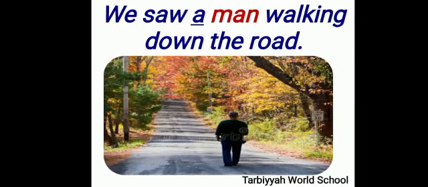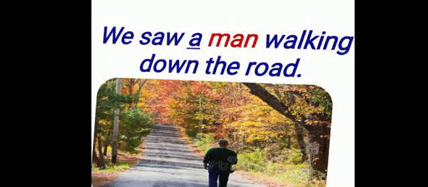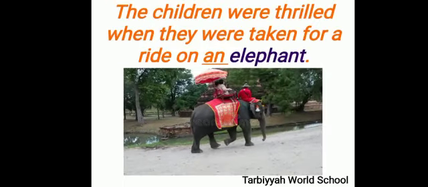A man, single man. Another example, the children were thrilled when they were taken for a ride on an elephant. An elephant, single elephant. So, my dear students, these are the examples for countable and uncountable. We can use the article a and an for countable nouns.